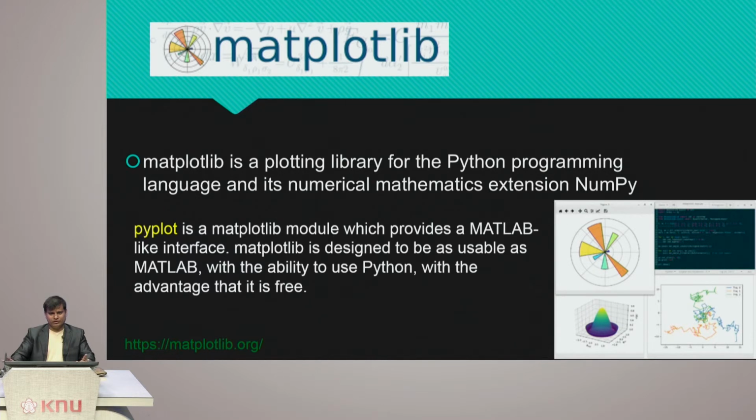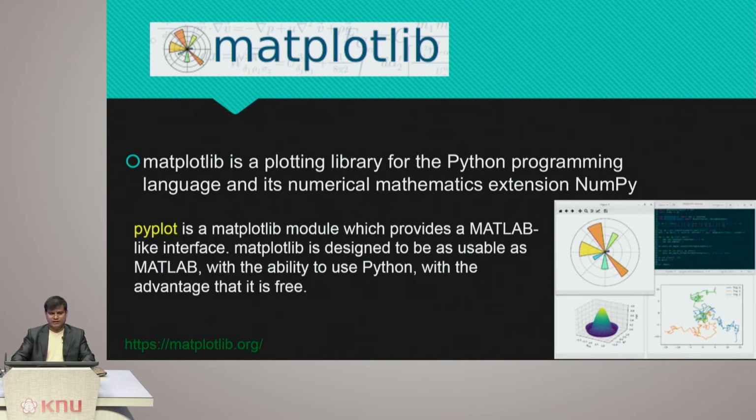Yes, we can see that some of the packages and libraries we have seen are all stacked up on NumPy. And pyplot is a Matplotlib module, which means that most packages, whether it's NumPy or Matplotlib or others, have certain modules in them.